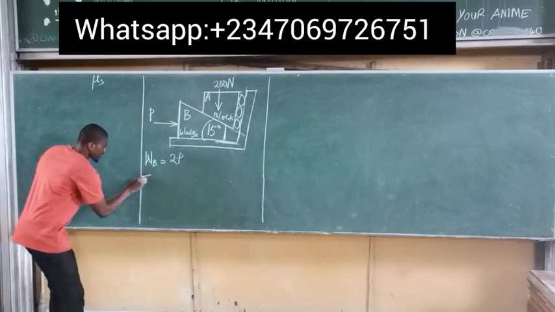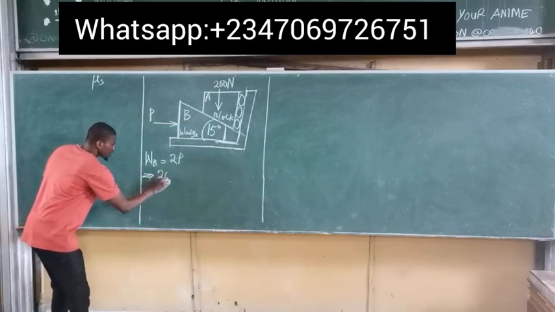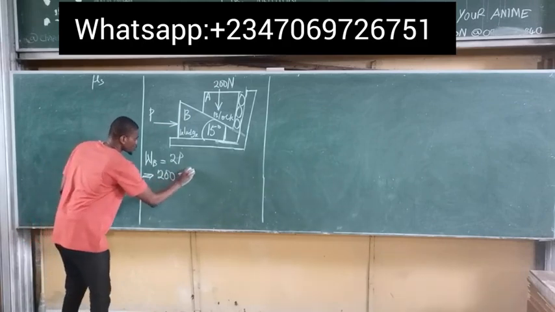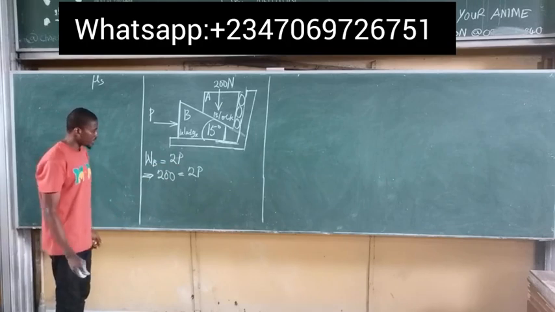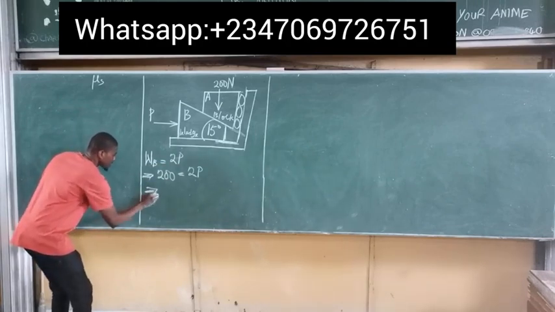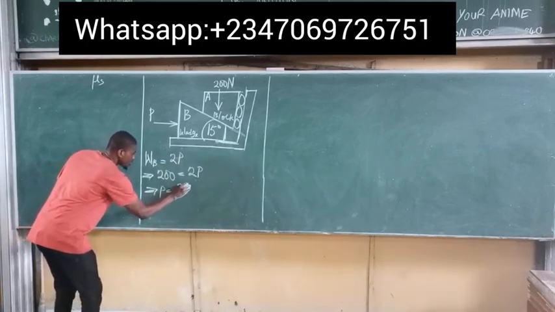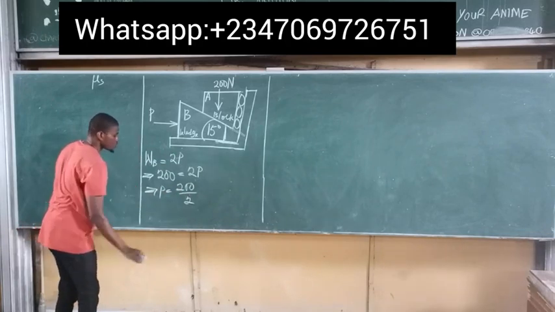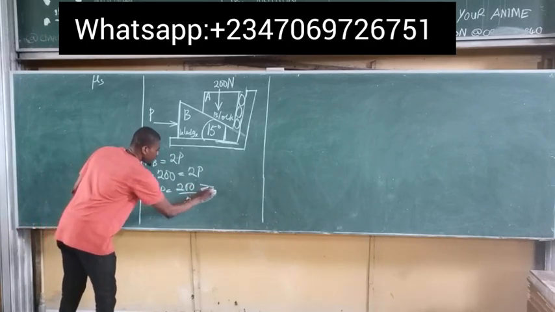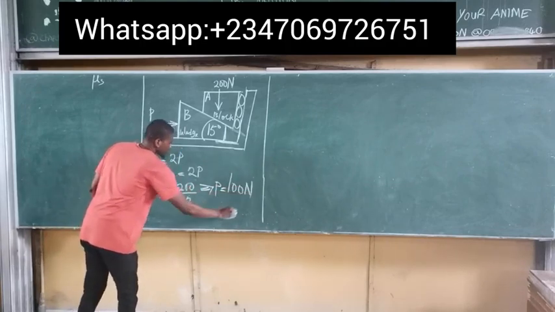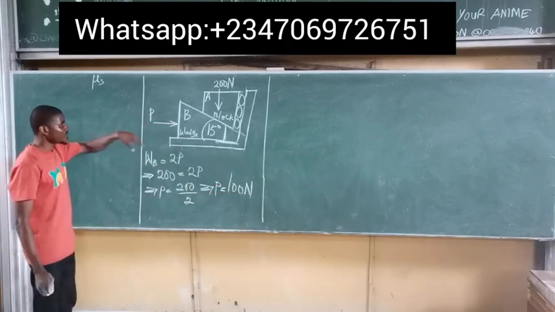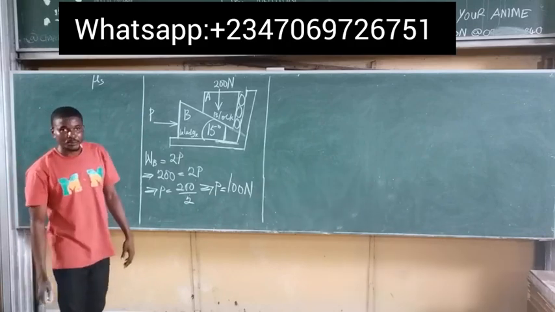This simply implies that 200 newtons is equal to 2 times force P. Therefore, we make P the subject of the formula, and P is equal to 200 over 2, which implies that the value of force P is 100 newtons. So this is the first thing to do, find the value of force P.